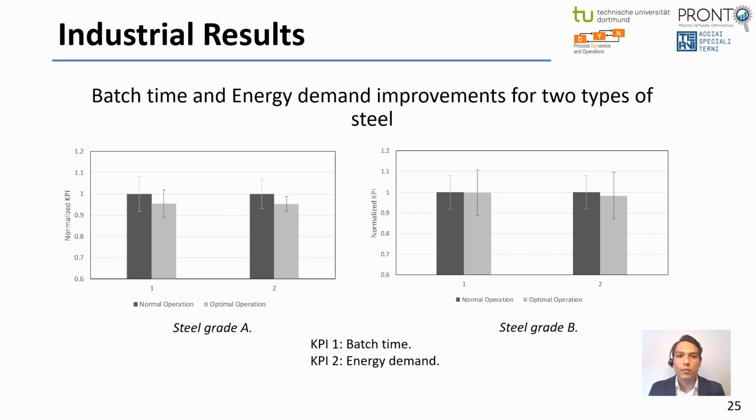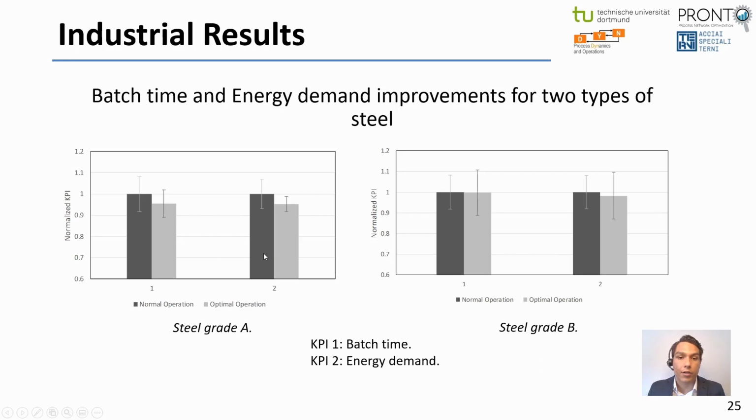So the results are as follows. In this slide, we present the results in terms of the batch time and the energy demand improvements for the two considered types of steel. On the left-hand side, for steel grade A, the light gray column represents the average of the test batches, and the dark column represents the average of 1 year of production.